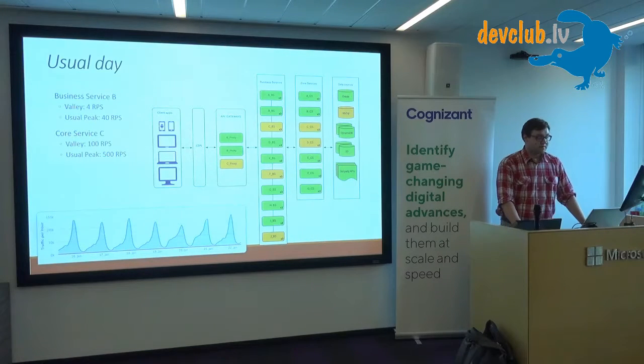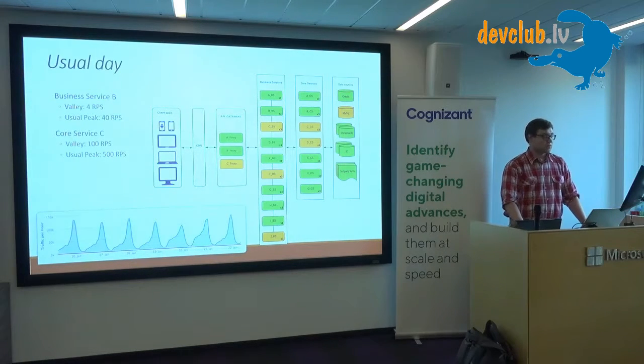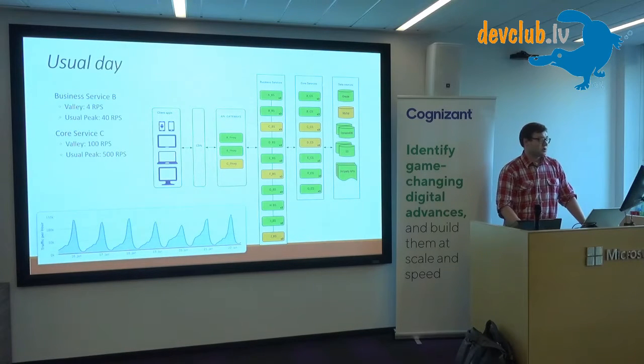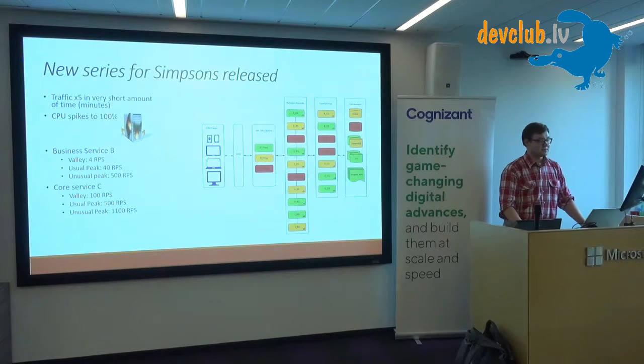Usual traffic in this infrastructure was about 4 requests per second for business services, with peaks of 40. Core services got a little more, as a lot of business services were calling the same core services to fetch data from databases. Then something new came.